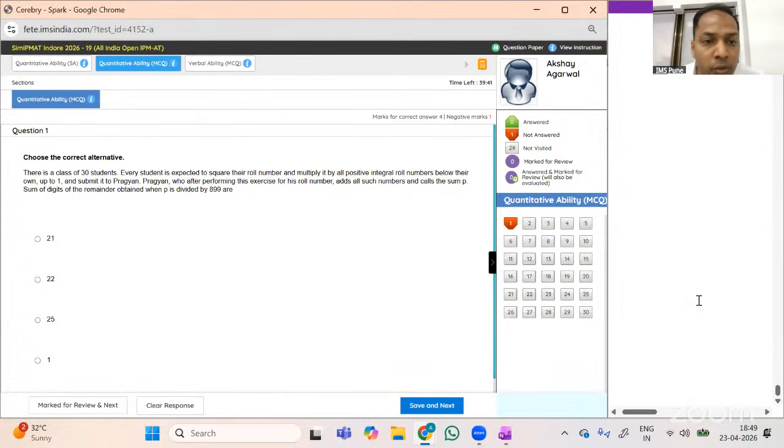Every student is expected to square their roll number and multiply it by all positive integral roll numbers below their own, up to 1 factorial.